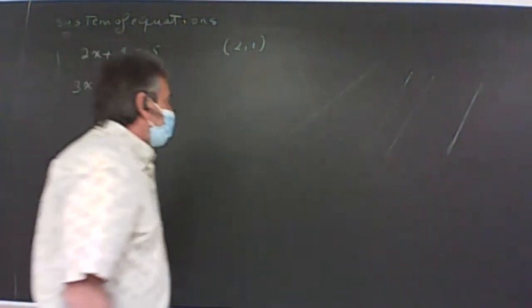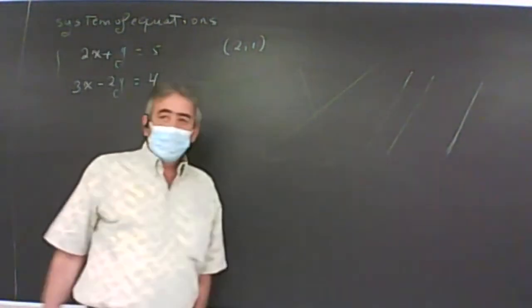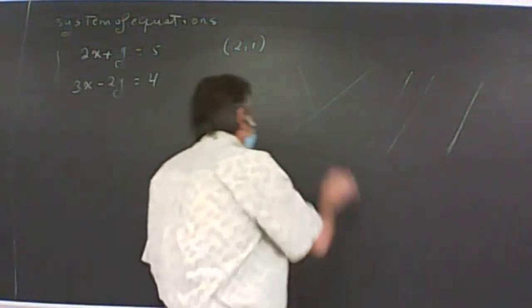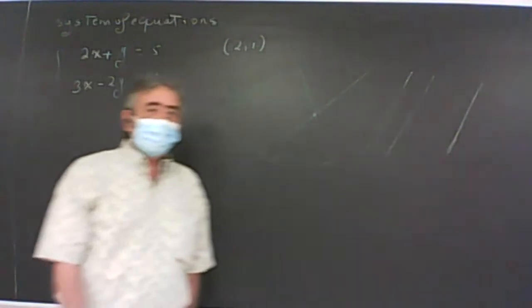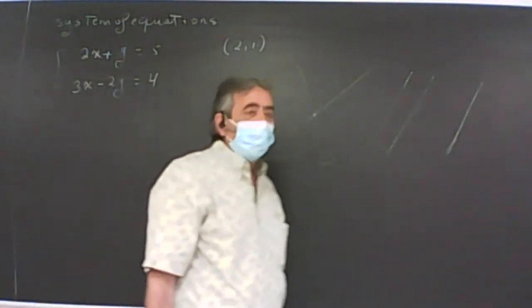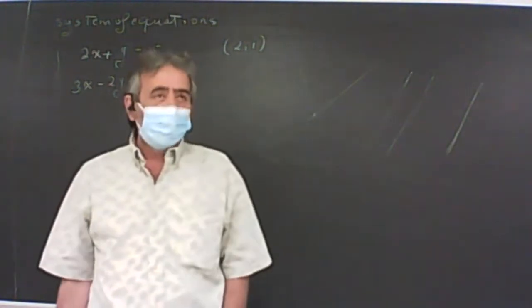If we look at scenario number 1, we can see that this is a point where both of these lines intersect. And we know every point on a line is a solution to the equation of that line.